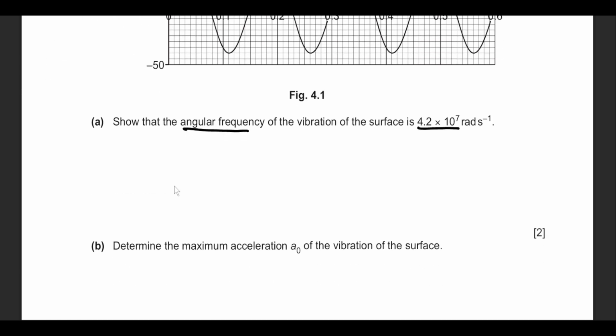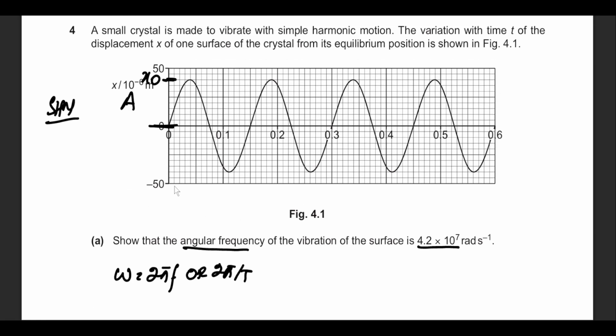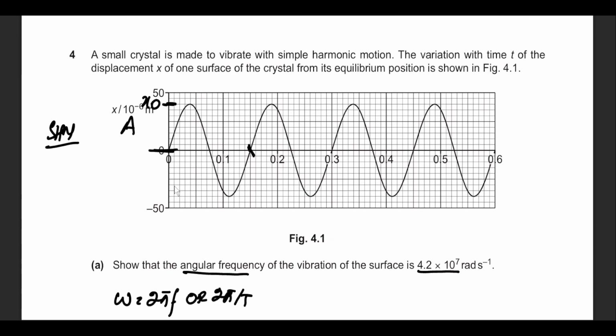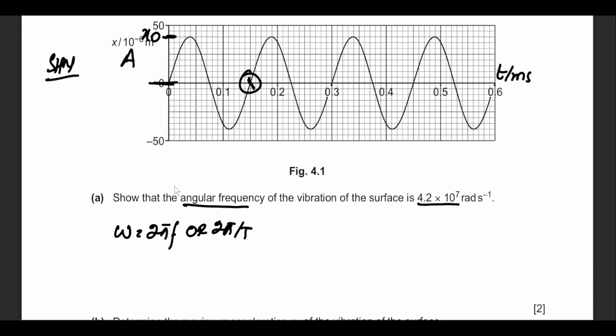It's very easy to figure this out because omega is not only equal to 2 pi f, but it's also equal to 2 pi by T. We can easily figure out the time period on this graph, which is this 0.15. The one thing that's missing on this is, probably a misprint, the time is in milliseconds. So be careful if you pick out this time, this will be 1.5 milliseconds.